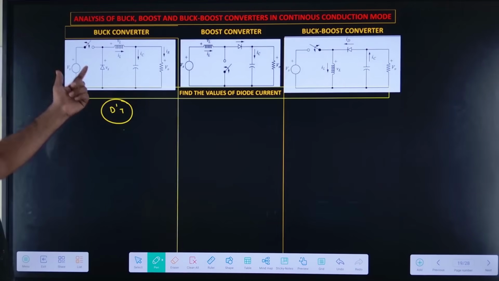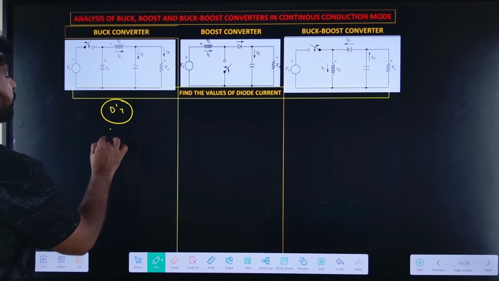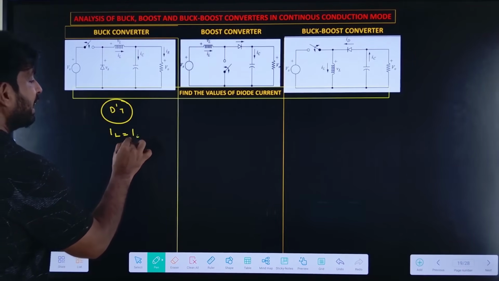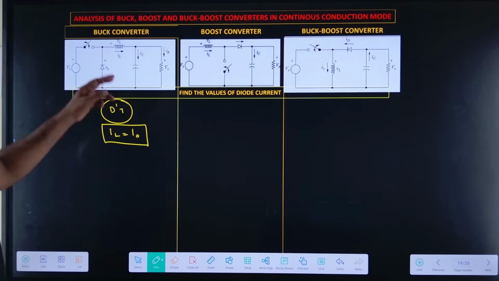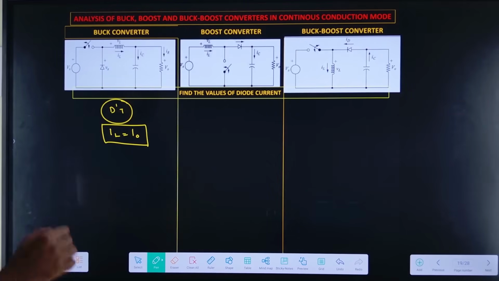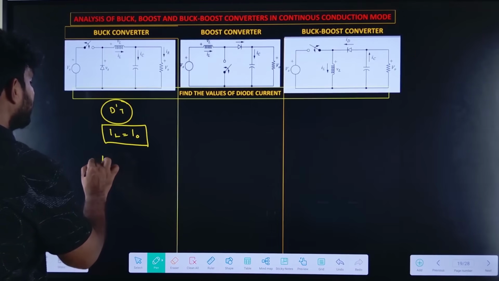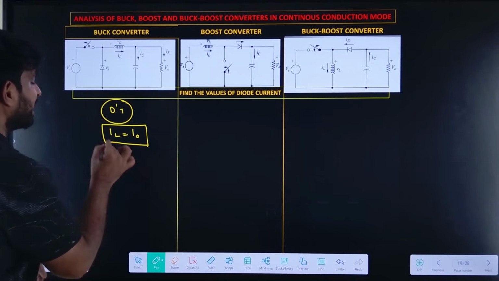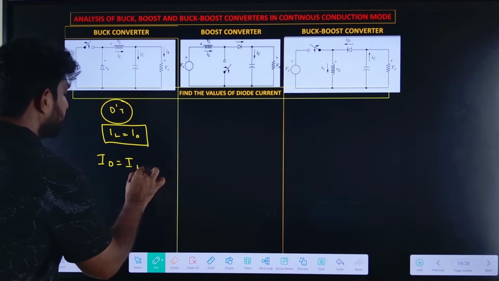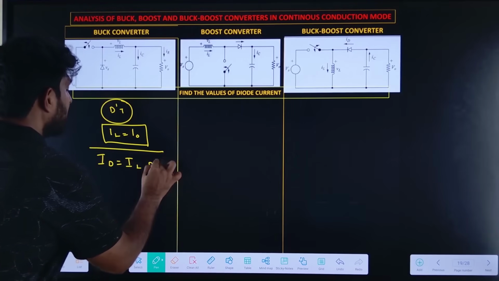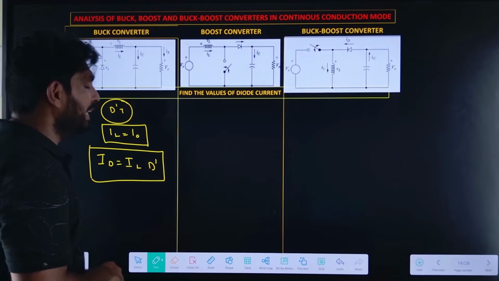Here it carries the inductor current IL, which in the case of the buck converter is equal to I naught. So the diode average current can be found as IL into D dash.